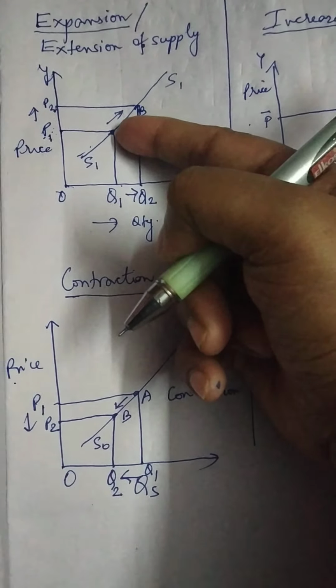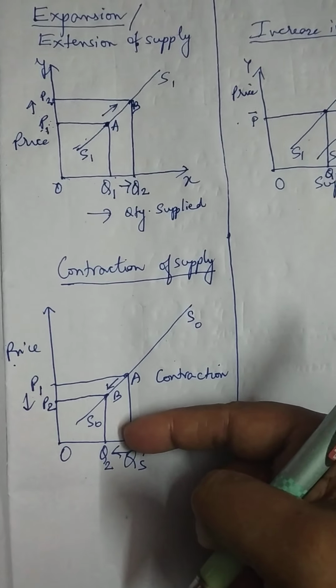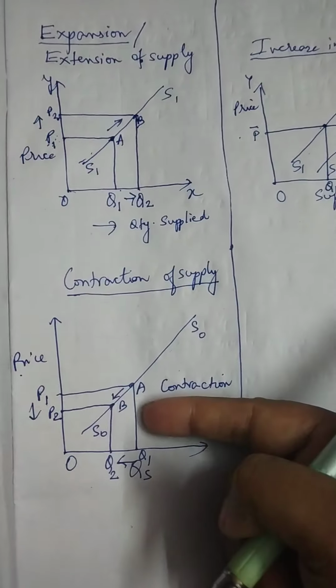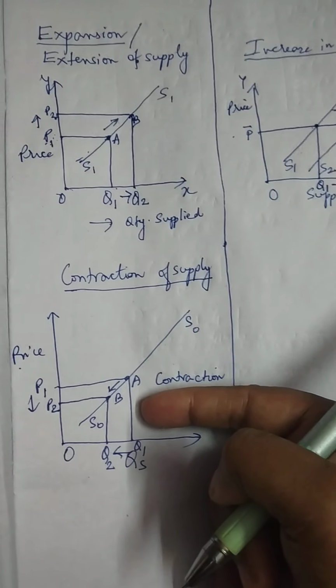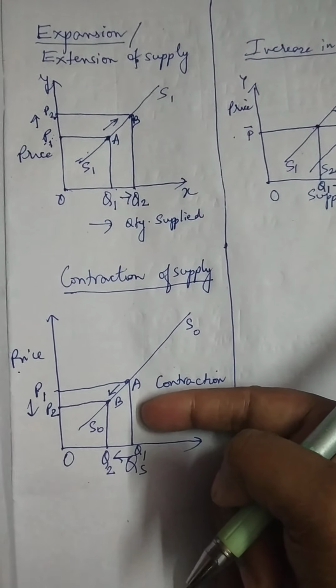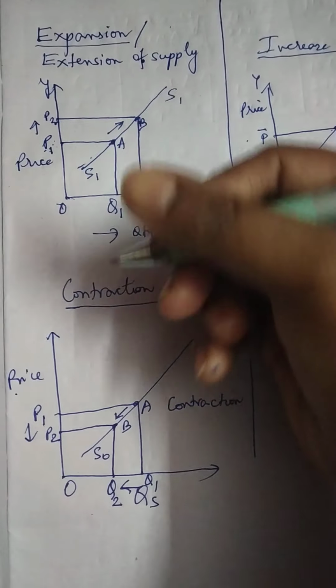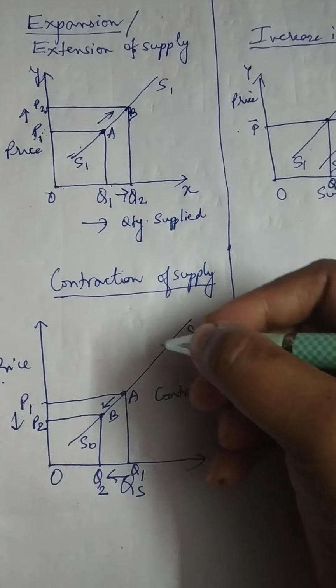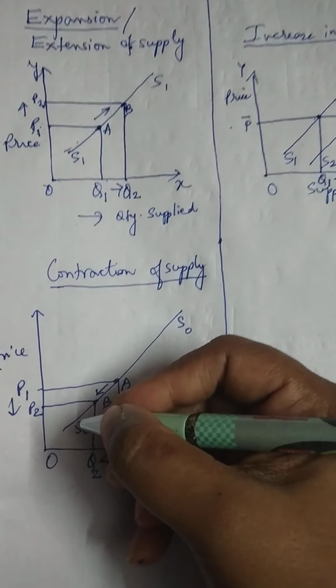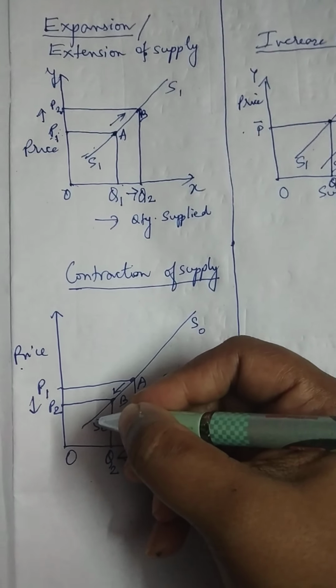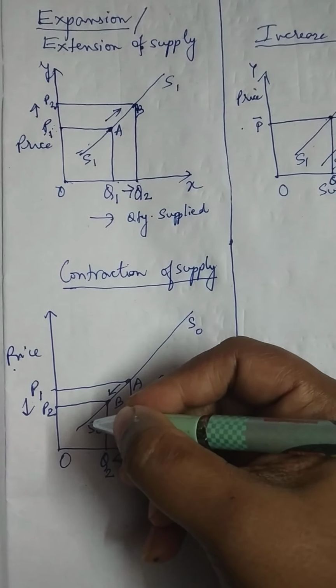Here this was extension, here this is contraction. So both extension and contraction is brought about by change in the own price of the commodity. Either we have an upward movement along the supply curve, which we call extension, or we have a downward movement along the same supply curve, which is called the contraction.